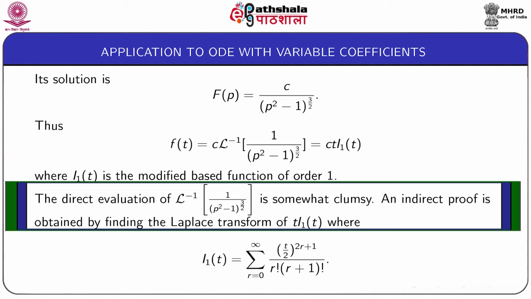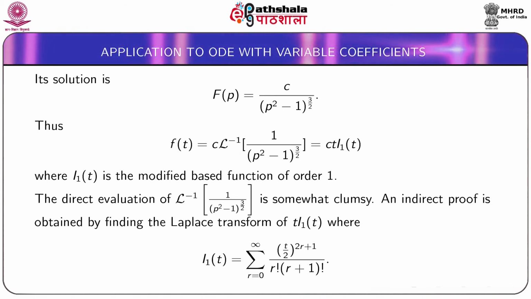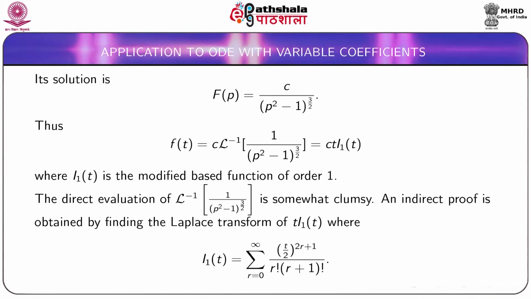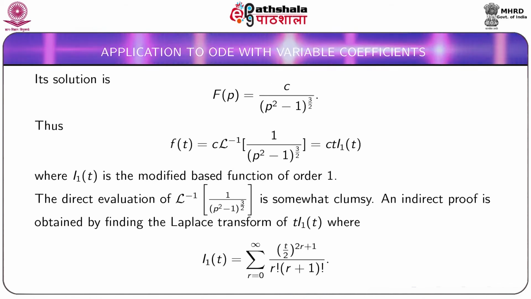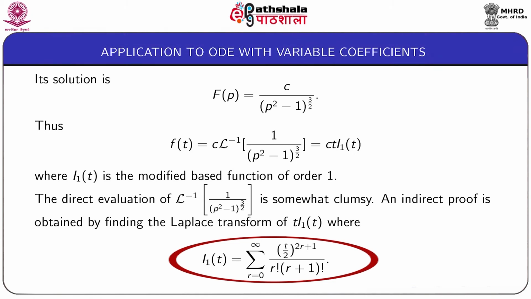Now the direct evaluation of the Laplace inverse of 1 by (p square minus 1) whole to the power 3 by 2 is somewhat clumsy. An indirect proof can be obtained by finding the Laplace transform of t I1(t), where I1(t) is written in the summation form, series form, that is as given by the summation r equal to 0 to infinity of (t by 2) to the power twice r plus 1 divided by r factorial into (r plus 1) factorial.